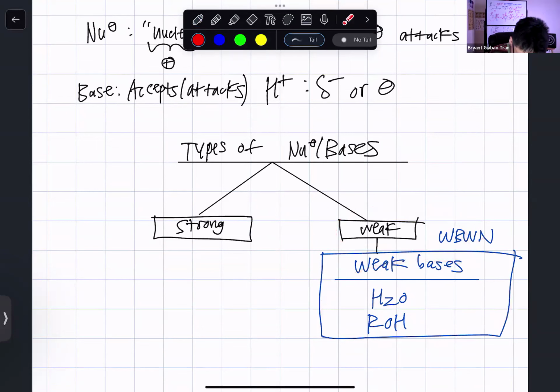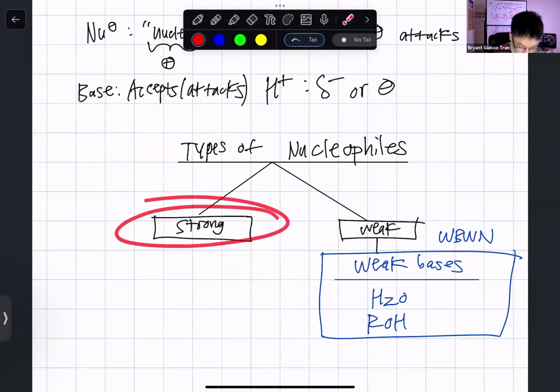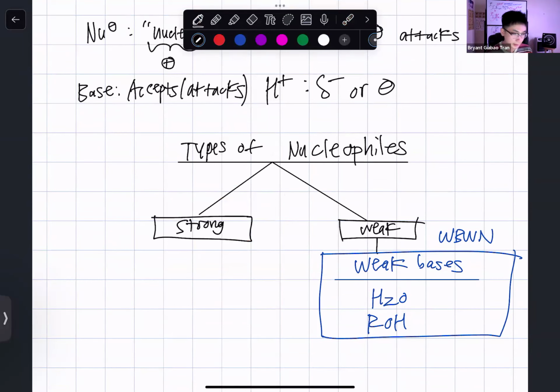Now, when we have a strong nucleophile, wait, let's fix up this chart. These are going to be the types of nucleophiles. Nucleophiles, right? Because when you have a strong nucleophile, it does not have to be a strong base. It could be a weak base. So for example, let's say we have a strong nucleophile, but weak base, right?